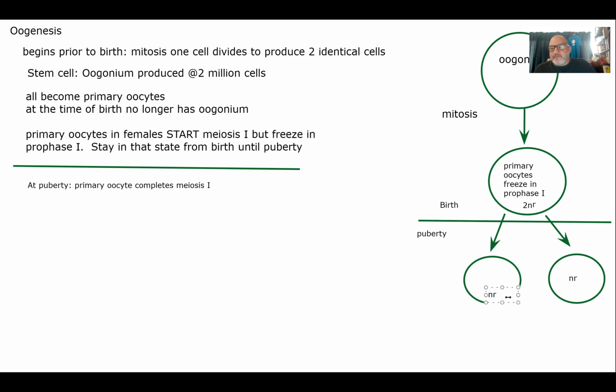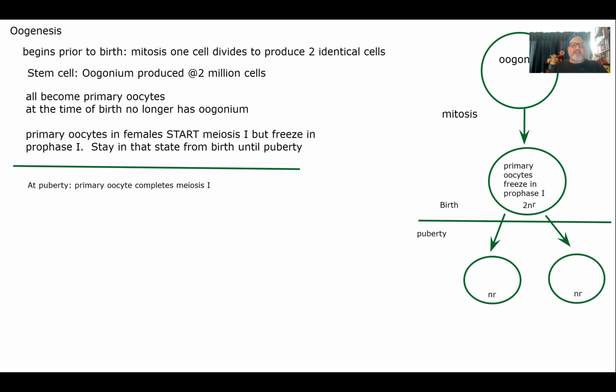We're getting to that. Don't spoil the ending to my story. All right, so one cell becomes two cells at the completion of meiosis. And in the case of the sperm, these would both be secondary spermatocytes.